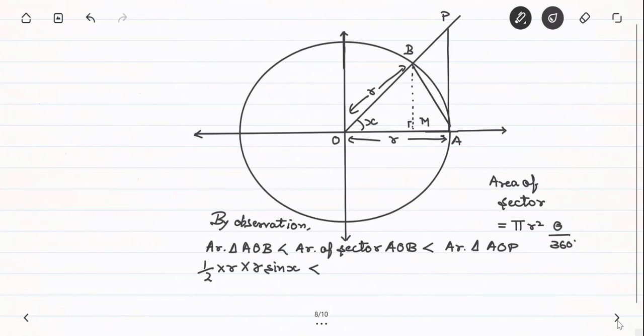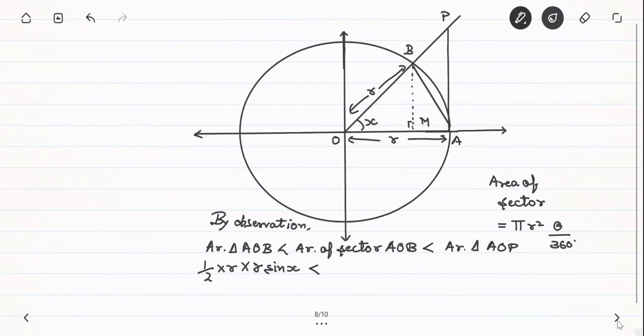We know that the height is BM, and the radius of the circle is r, which is acting as hypotenuse in this right angle triangle BMO. So we already know that the sine of x will be perpendicular upon hypotenuse. So we can easily get the value of BM, that will come out to be r sin x.